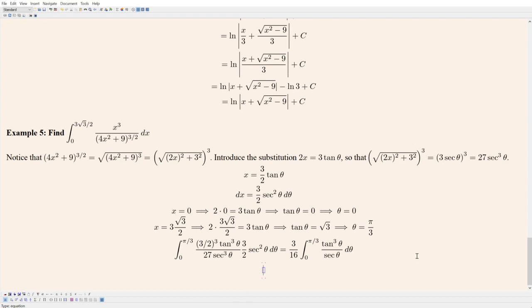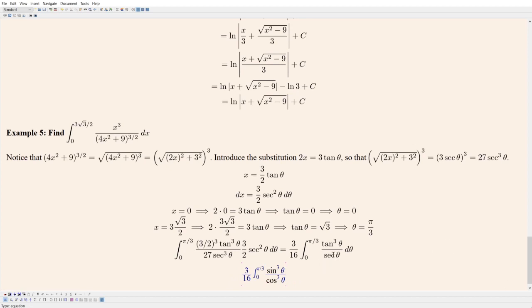So tan cube becomes sine cube over cosine cube.